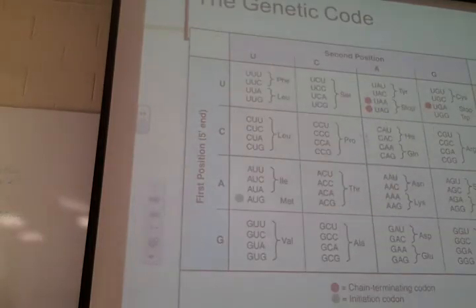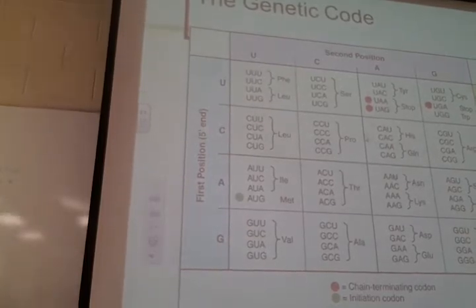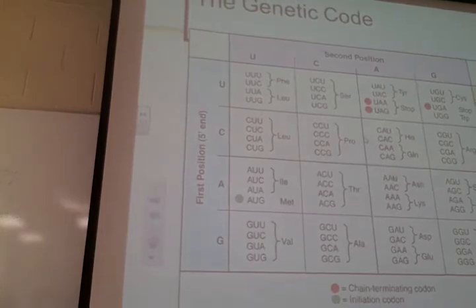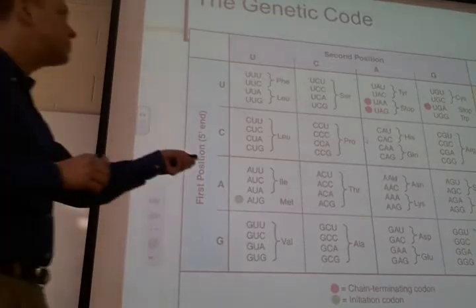We'll get back to that in a second. Let's go back to here. Okay, so we have a triplet code. We have a mostly redundant code. But as they were assigning codons, they found that 3 of them didn't code for an amino acid, but coded for translational stop.